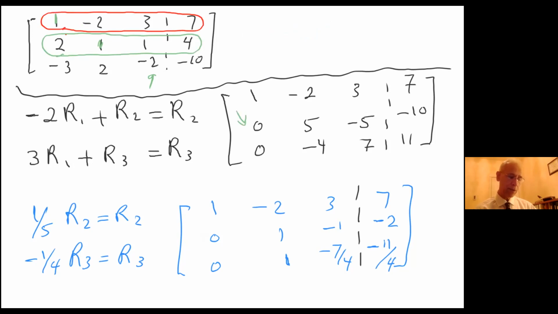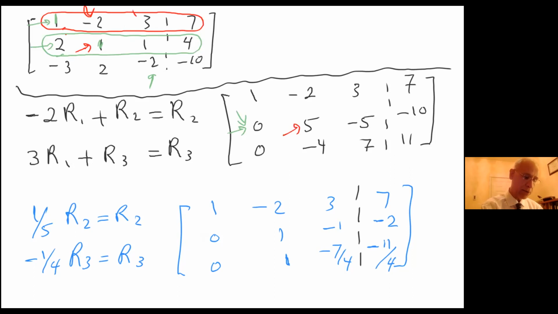So notice that -2 times 1 plus this 2 is a 0. -2 times 2 is -4, added to this 1. -2 times -2 is +4, added to that 1 is 5 right here.